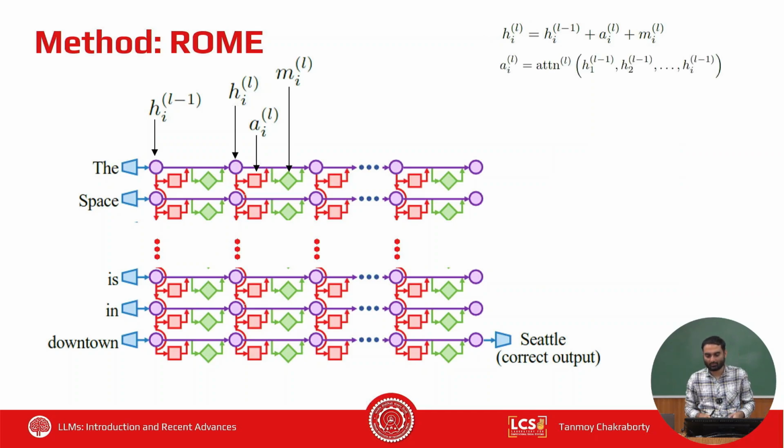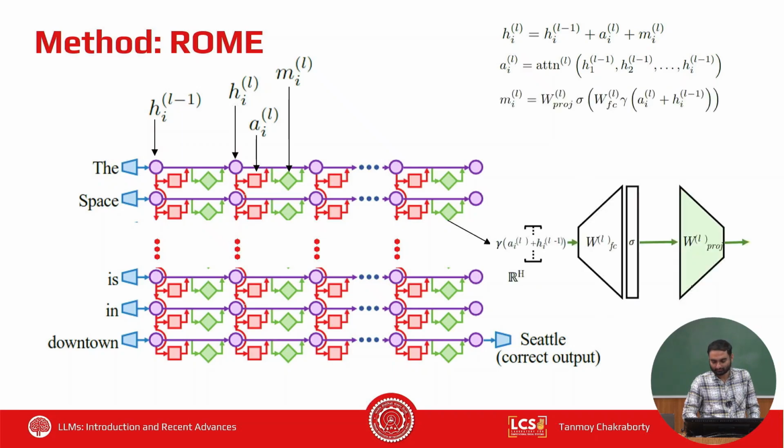Now attention, as I mentioned, is essentially an operation which is parameterized by hidden states of all the tokens in the previous layers. So A_i^L is a function of H^(L-1)_1, H^(L-1)_2, and so on and so forth. Now this is important.